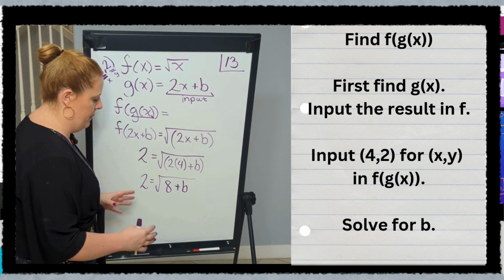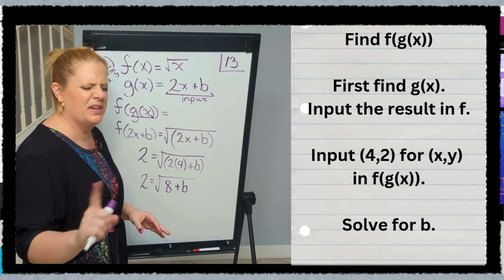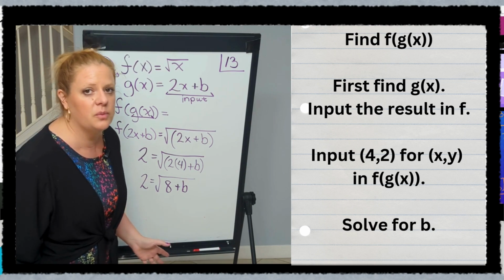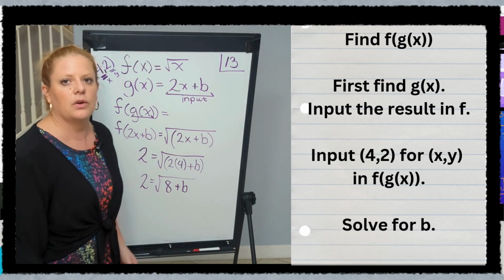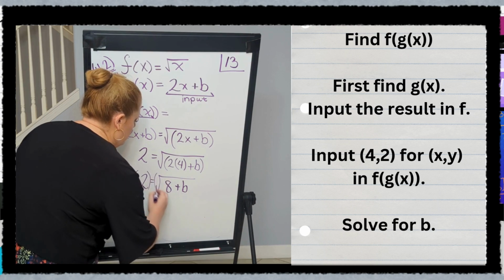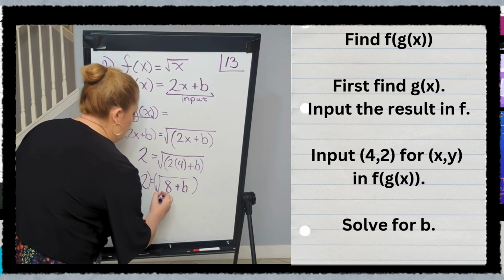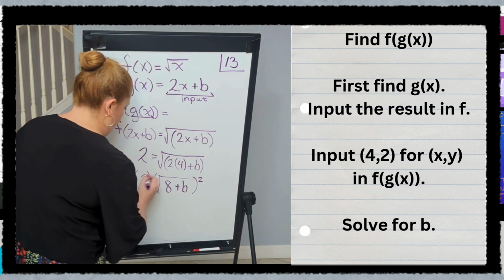We cannot combine 8 and b. Don't tell me it is 8 b's because it is not. They're not like terms. I have 1 b and I have 8 sticks. Can't put them together. So I want to get b out from under that radical. Goal is to get b by itself somewhere.